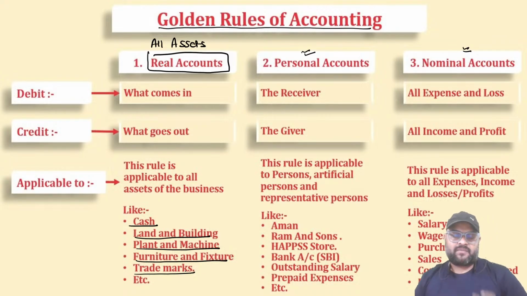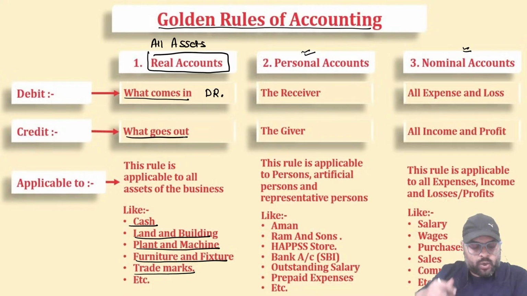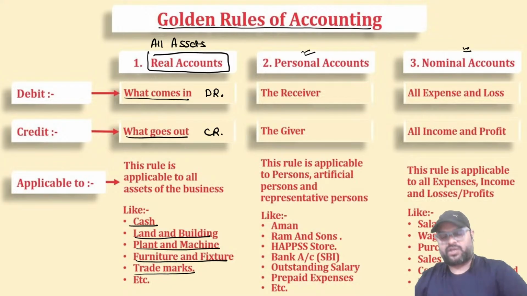All these are considered as real accounts. And a very simple rule for making a journal entry for a real account is followed, which is: if an asset is increasing in the business, that is, if an asset is coming in the business, we will debit that asset which is coming in the business. And if some asset is going out of the business, we will credit that asset. So debit if the asset is increased and credit if the asset is decreased.